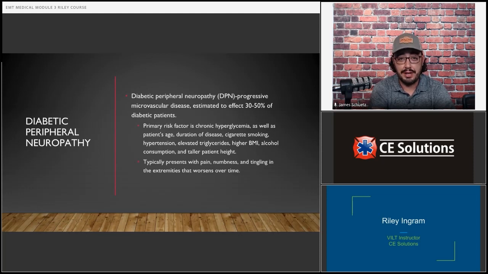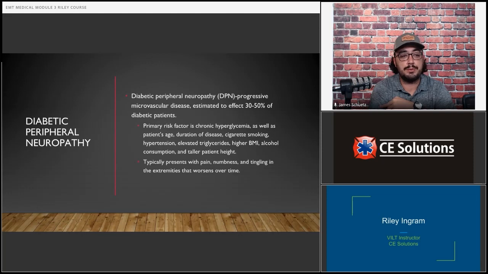Almost half of your diabetic patients have some type of diabetic peripheral neuropathy. Primary risk factors are chronic hyperglycemia, as well as the patient's age, duration of the disease (how long they have been diabetic), cigarette smoking, hypertension, elevated triglycerides, higher body mass index, alcohol consumption, and taller patient height.